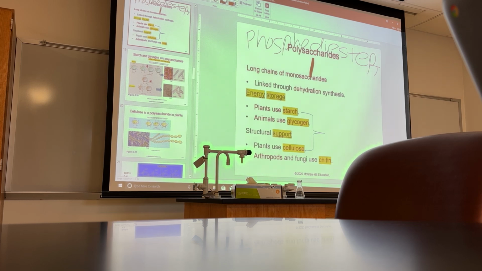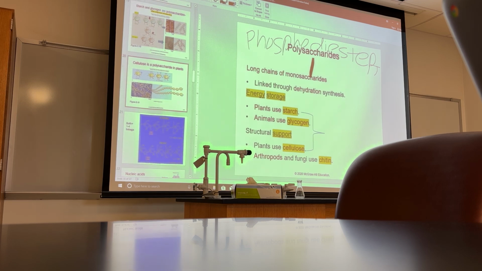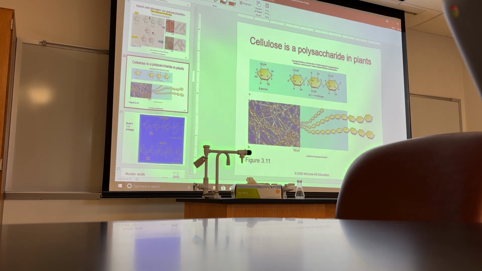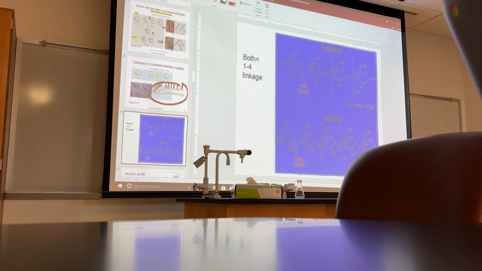All right, now, let's talk about this. This is a schematic of cellulose. It's got all these glucose, millions of glucose molecules linked together to make cellulose. Each one of those little figures is a glucose. Cellulose, I do want you to know the difference between cellulose and starch.